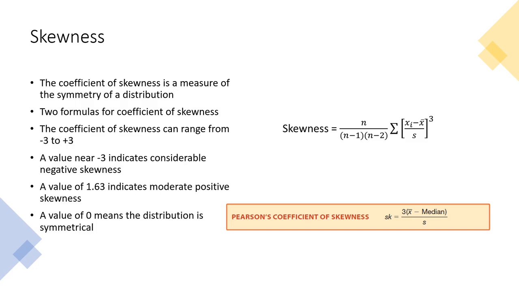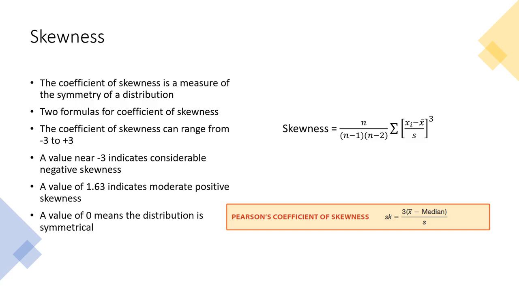Oftentimes it'll be using the formula up top that you see here. These values will range from -3 to +3, which is similar to what we talked about in our empirical rule. Values that fall within -3 and +3 standard deviations are typically not considered to be outliers.